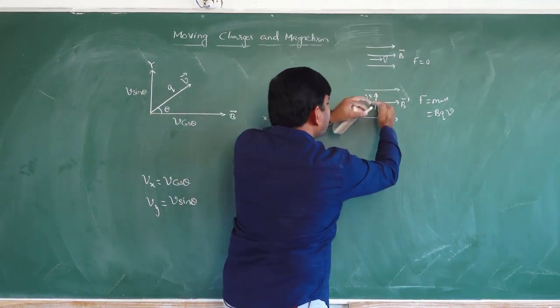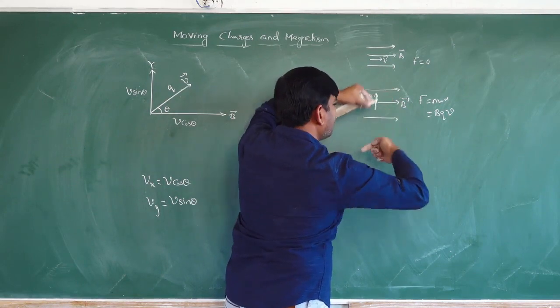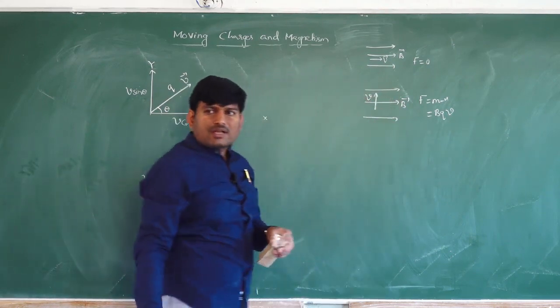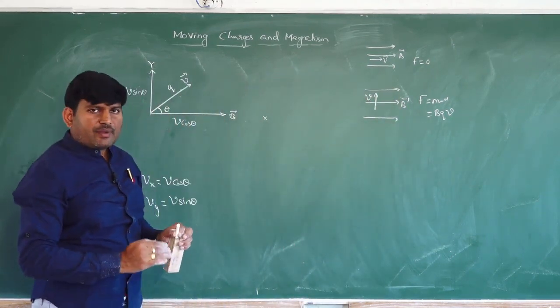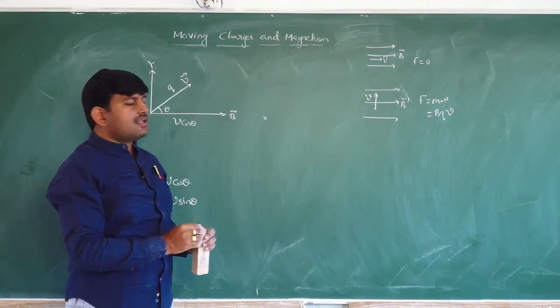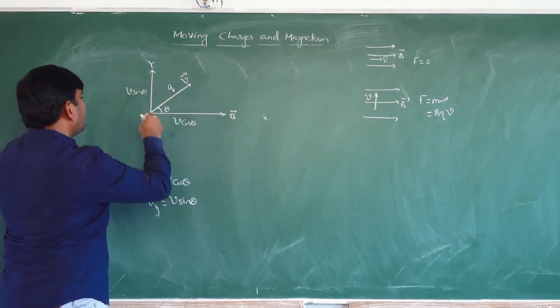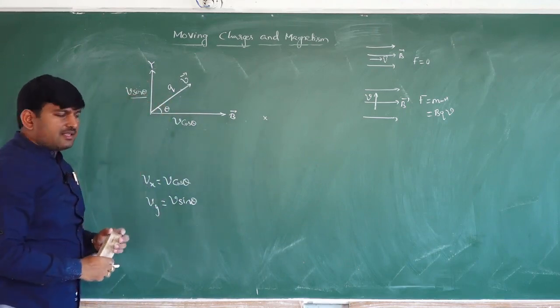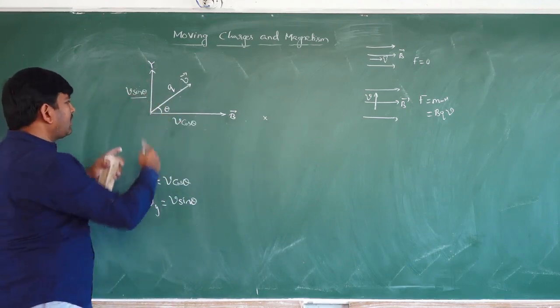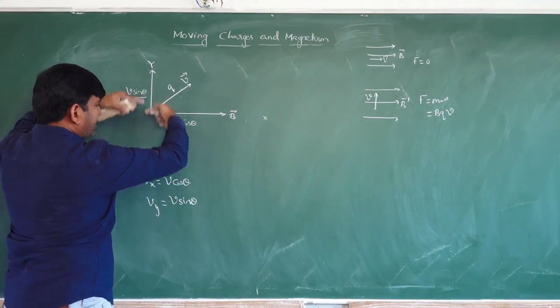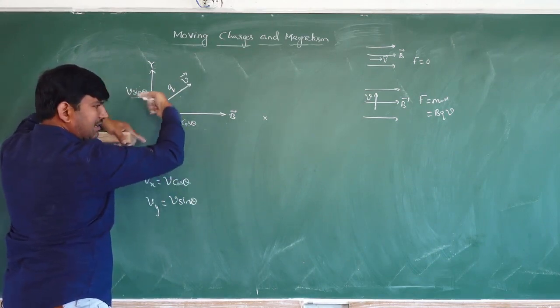Therefore, the charged particle has to follow the circle in this way. Once a charged particle enters into the uniform magnetic field perpendicularly, it follows the circular path. So, the vertical component of velocity is responsible for the circular path. Therefore, the charged particle has to move like this.